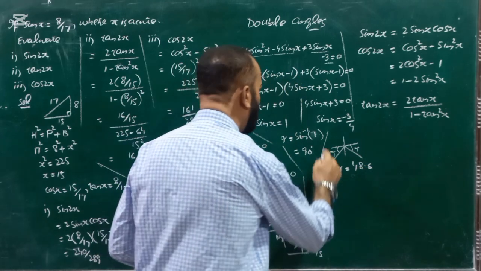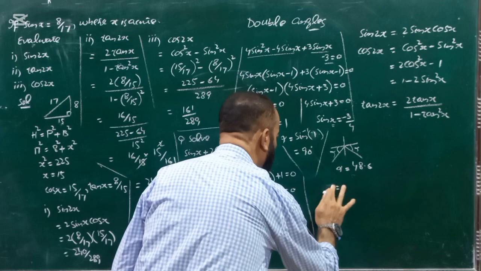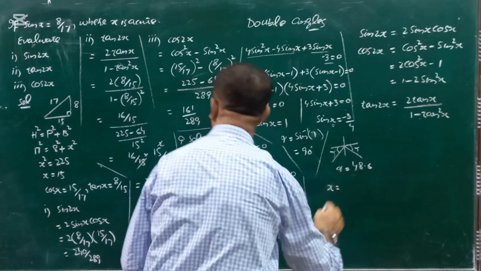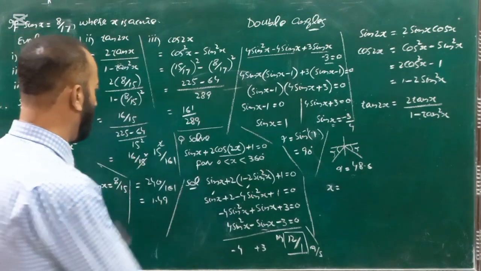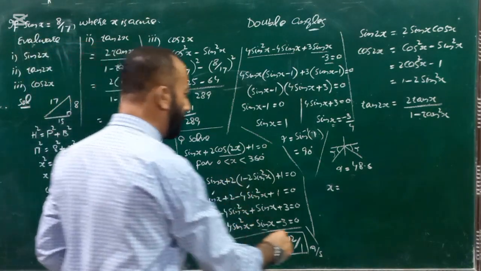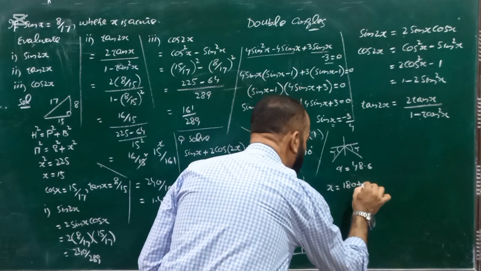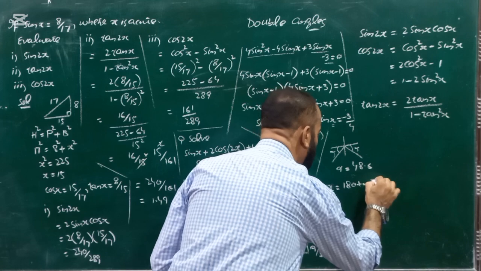And from here the original angle x will be equal to 180 plus alpha. Okay, the range is given in degree mode. Okay, the angle will be 180 plus alpha and 360 minus alpha.